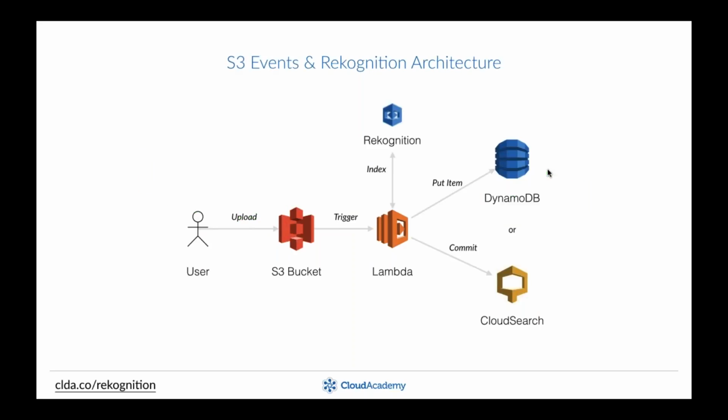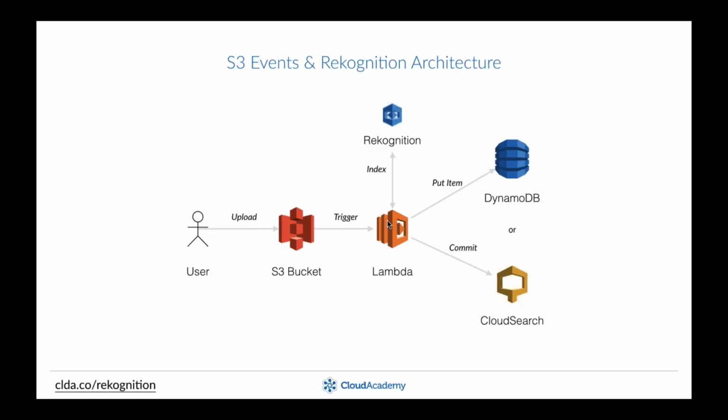So what about sample architectures that you can implement? Let's say that you want to extract objects or labels from each image uploaded on S3. What happens? A user uploads an image on S3. You can configure an AWS Lambda trigger on such a bucket.